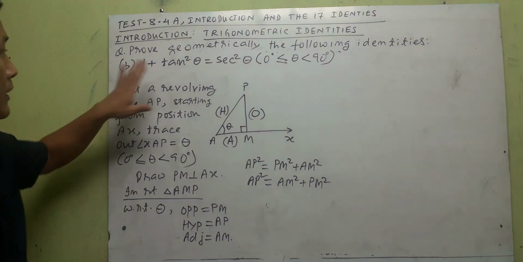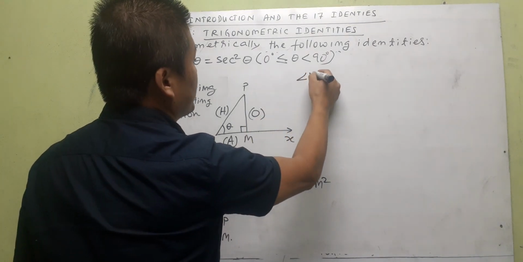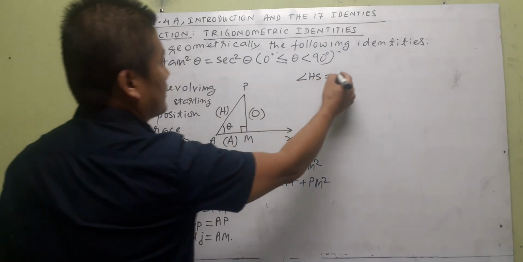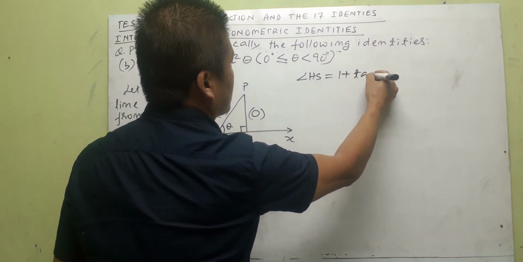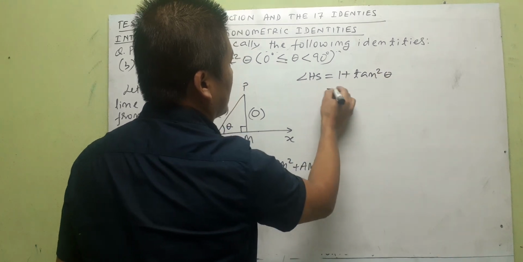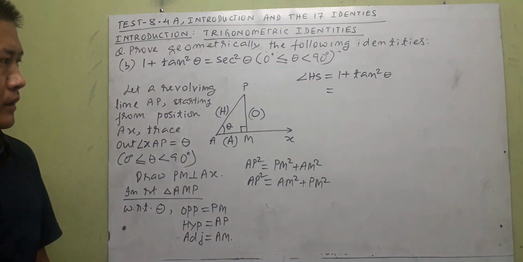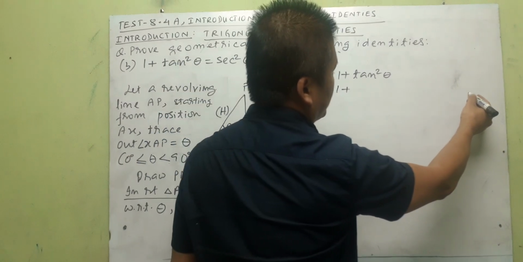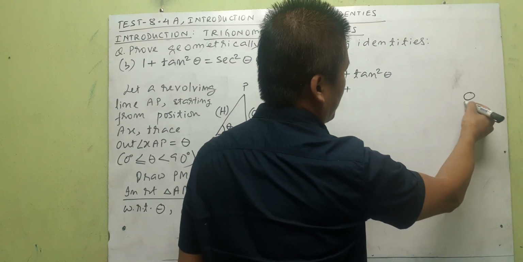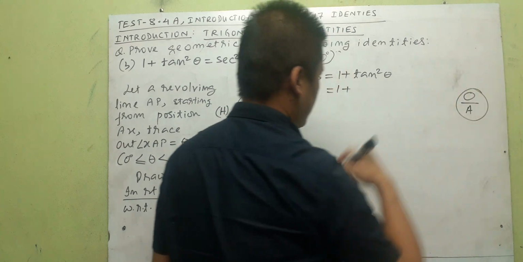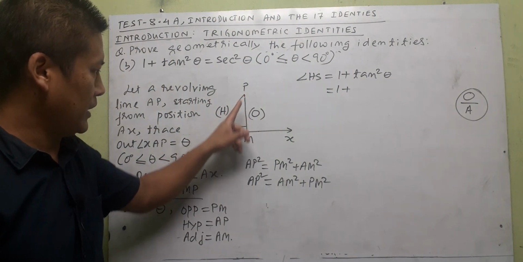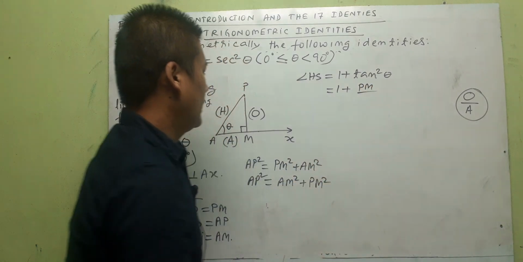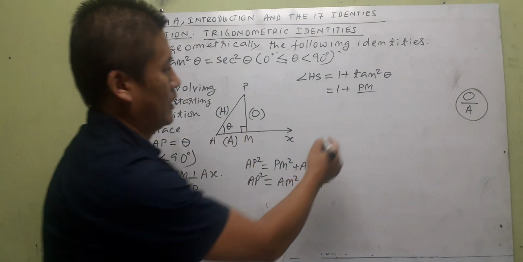Then let us take the left hand side, just like we did in the geometric method. Clearly the left hand side is 1 plus tan square theta, right? Then here tan theta is what? Yes, that's right, opposite by adjacent. So opposite is PM, as you can see in the diagram also, by adjacent AM.